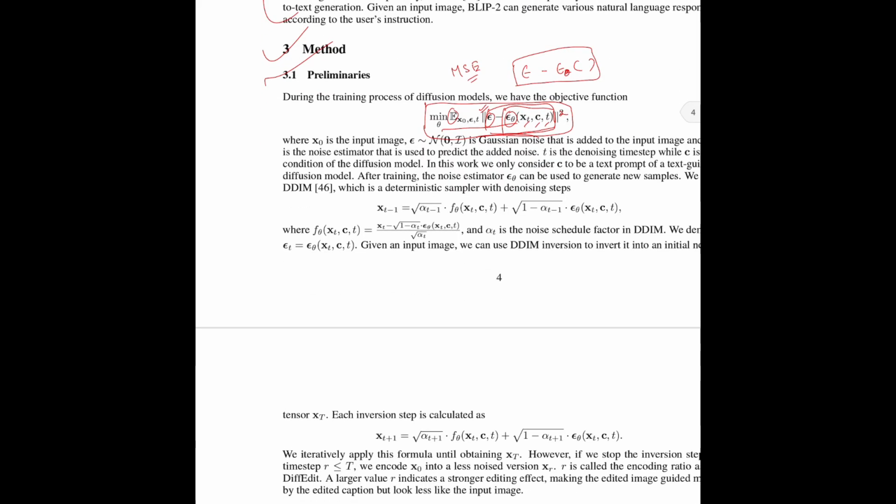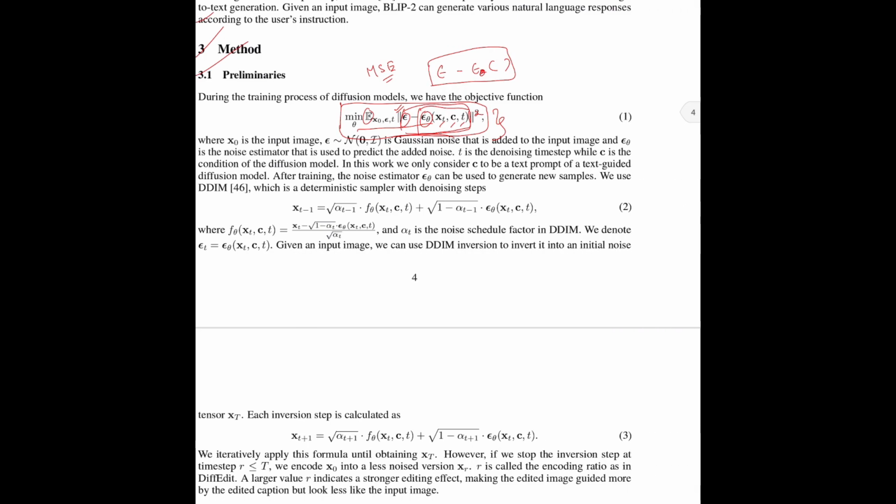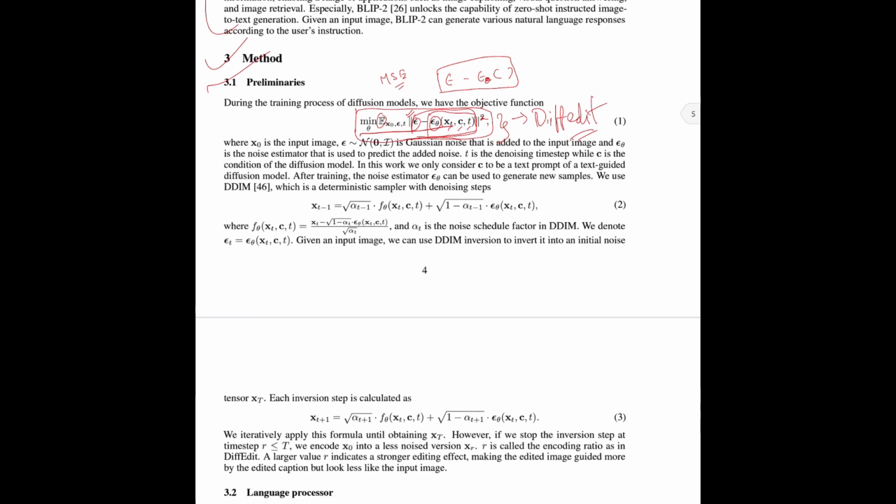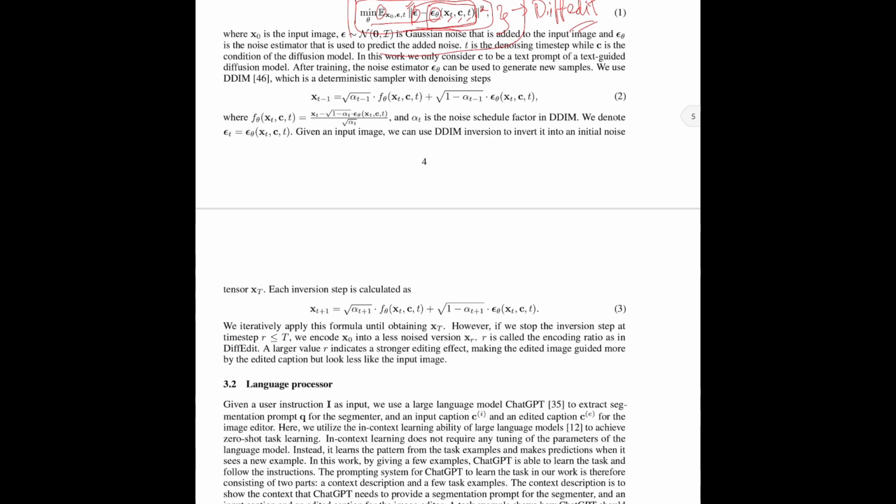But that's it, because this particular equation is the same equation that is given in the Diffusion paper. Because here in InstructEdit we are using Diffusion as our model of choice, which is actually the main image editing model for us. So that's why this particular loss function is here.